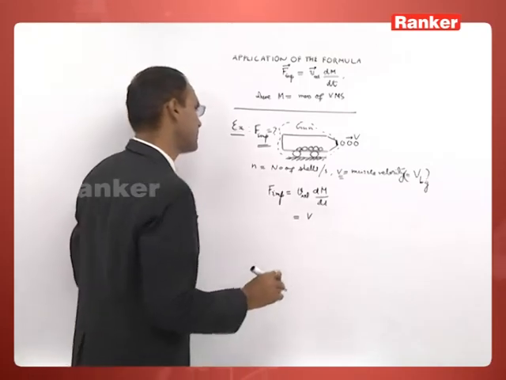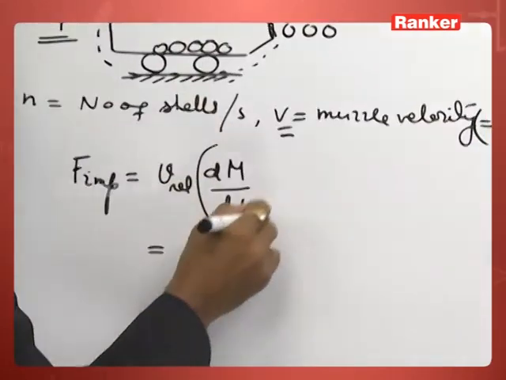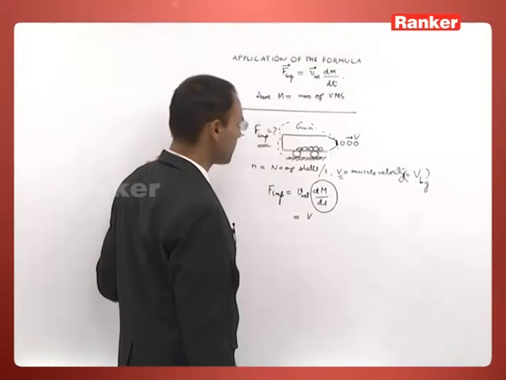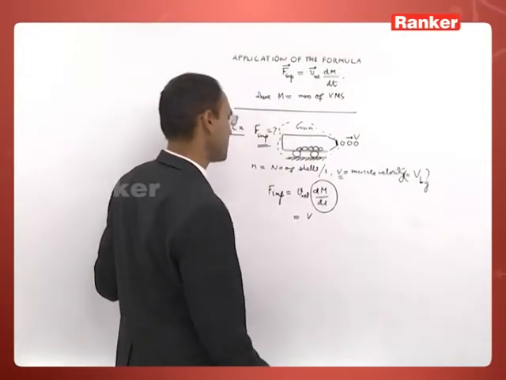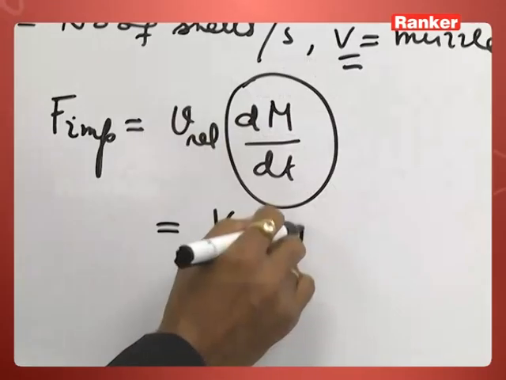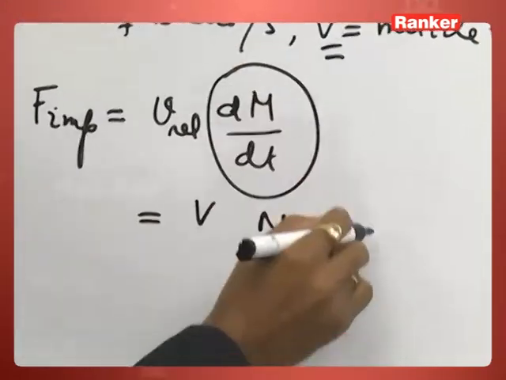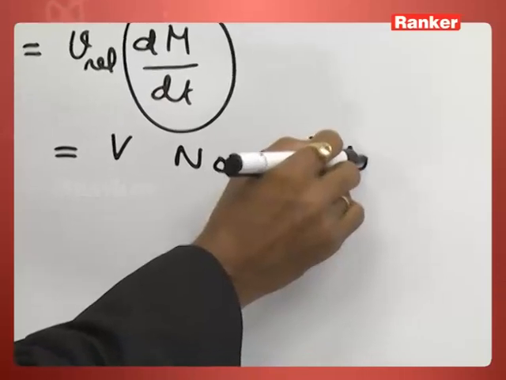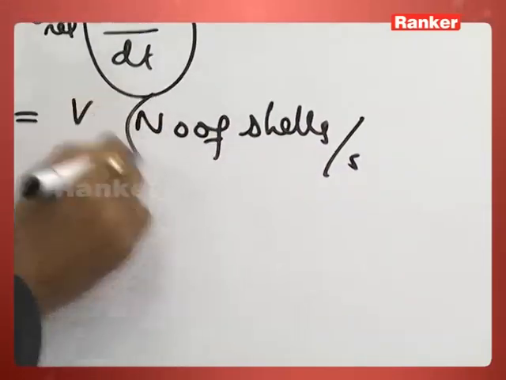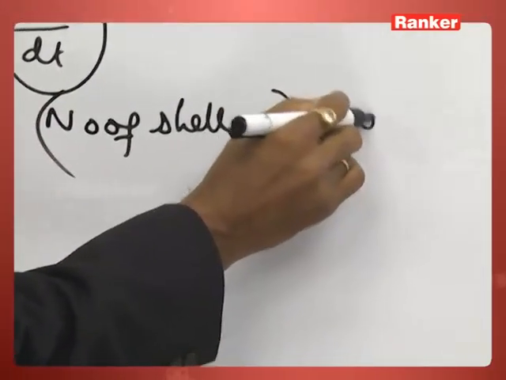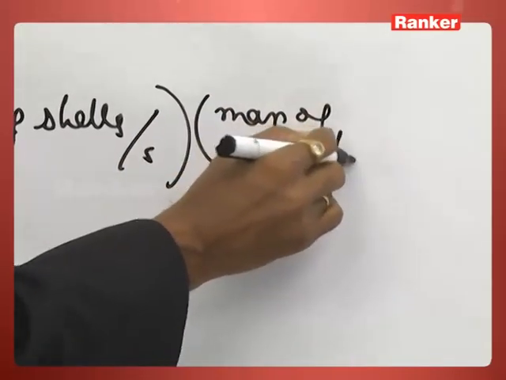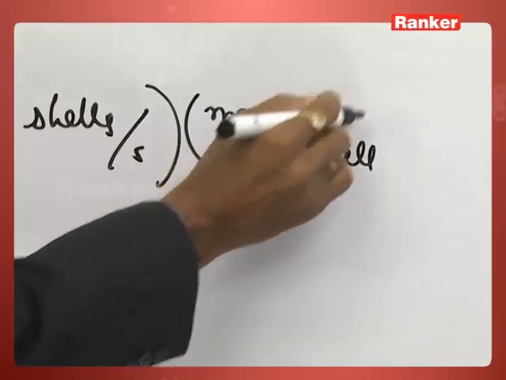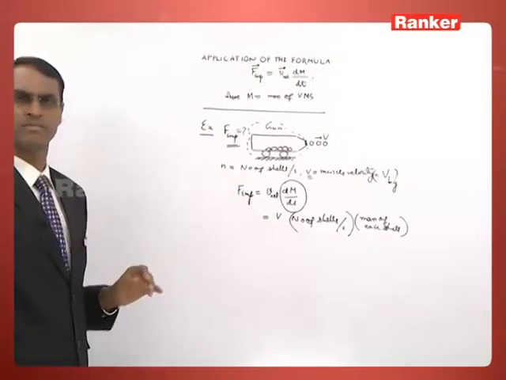You can just write rate of change of mass of this variable mass system, gun plus cannon system, is equal to number of shells fired per second into mass of each shell. It's very easy to understand.